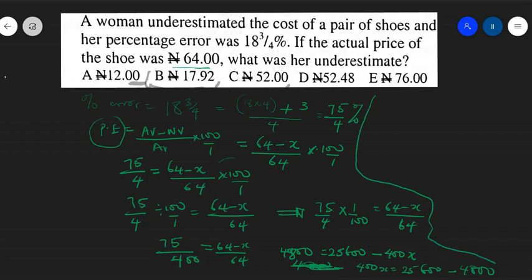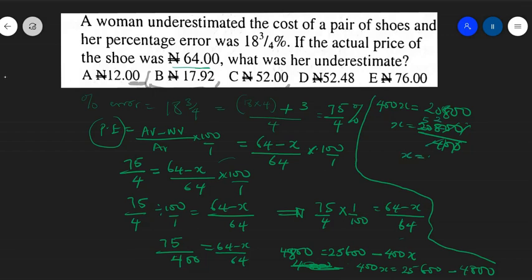Quickly, I want to save space so I can finish up the remaining one here. So I will have this minus this, 400x is equal to, if you subtract, the difference between the two is 20,800. So x becomes 20,800 divided by 400. 4 into this is 5, into 8 is 2.